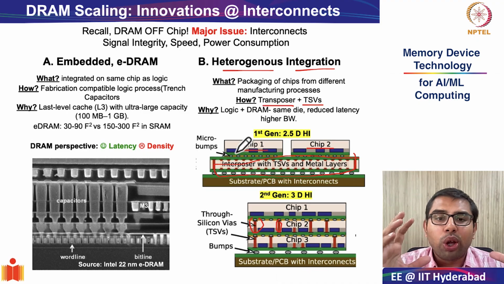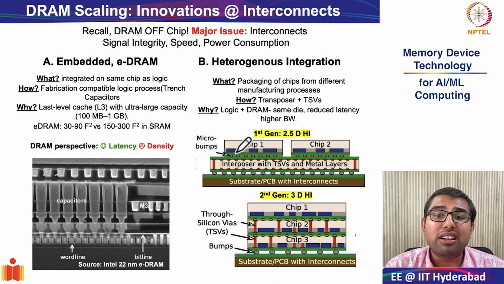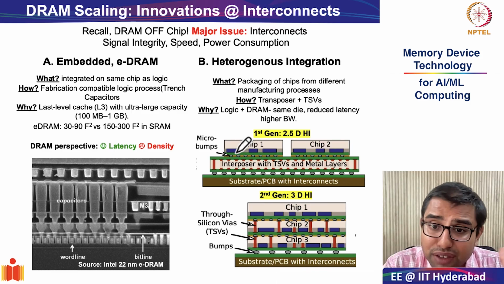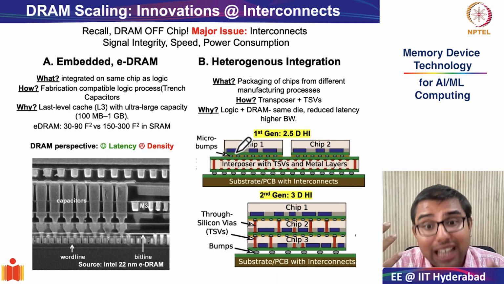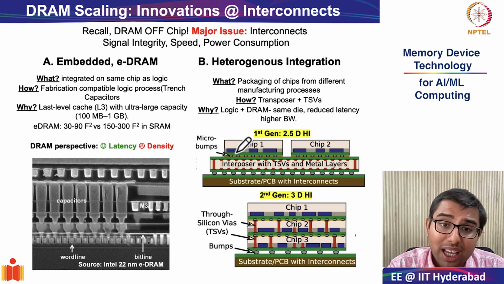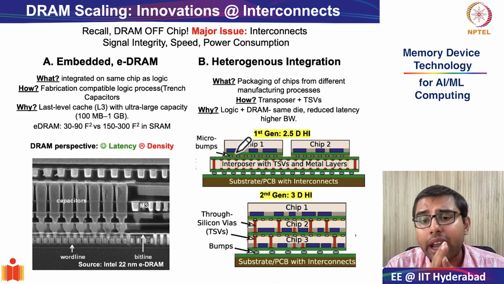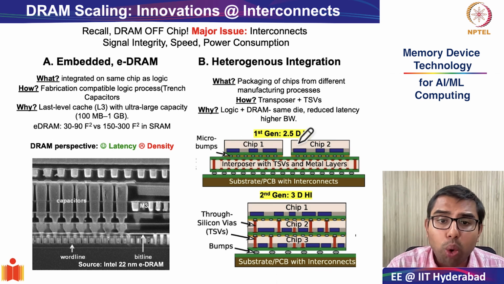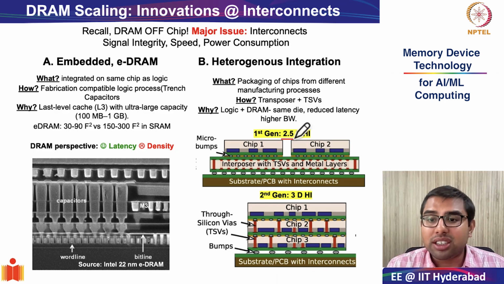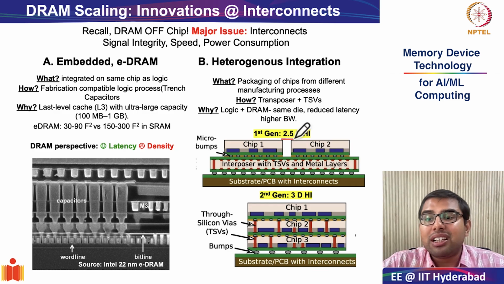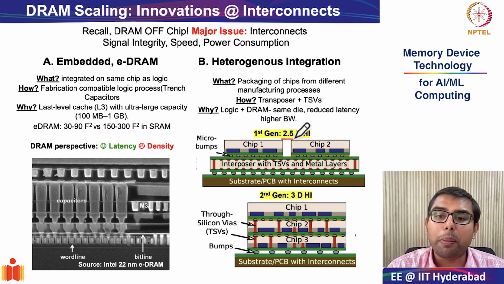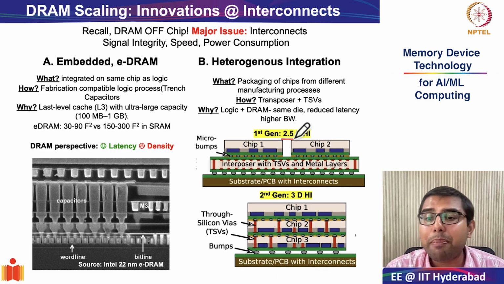The first generation of heterogeneous integration was very successful, and AMD already has a product called high bandwidth memory. I suggest you go and read more about it. This heterogeneous integration in 2.5D places multiple chips side by side on a common interposer, thus enabling very high bandwidth connections without vertical stacking.